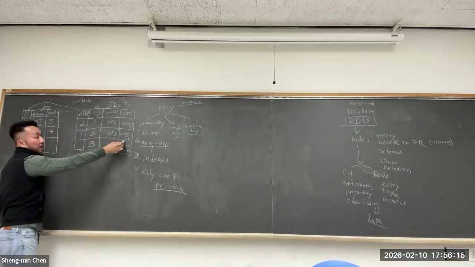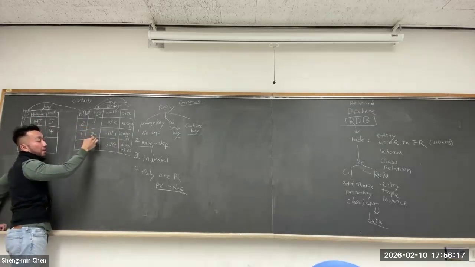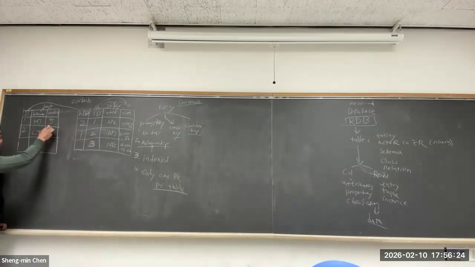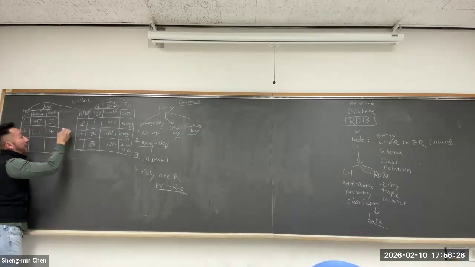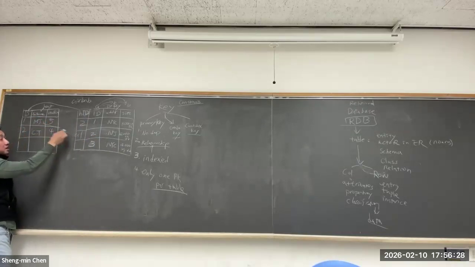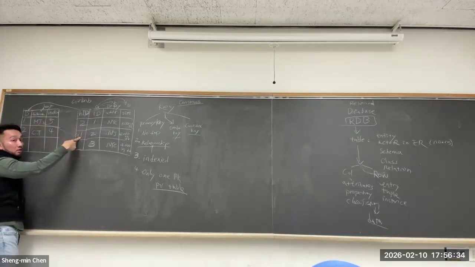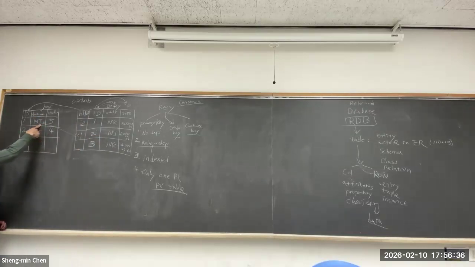So in this case, I'll read that property 2's owner or host is 1. Therefore, it's MJ, right? Because this is A, this is B. By knowing 1, host number 1, I know that its full name is MJ.